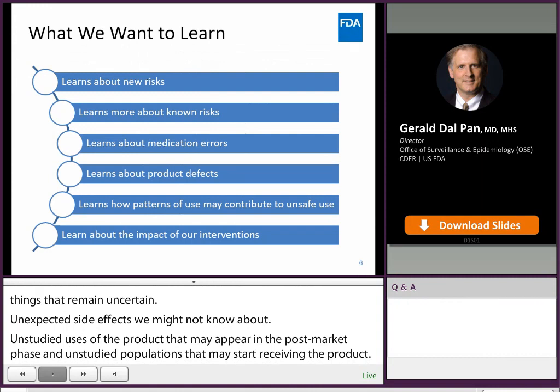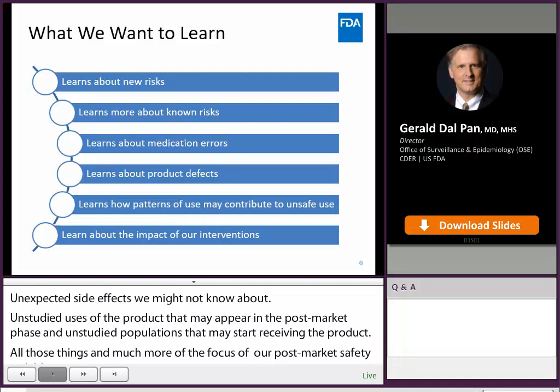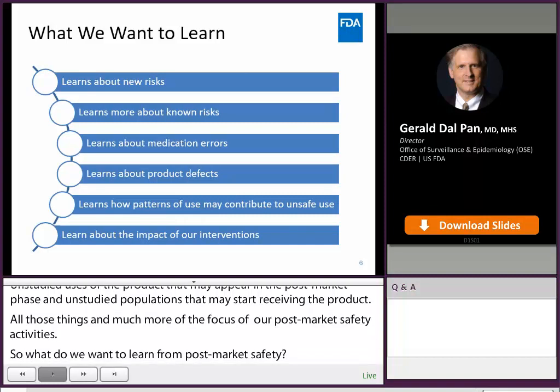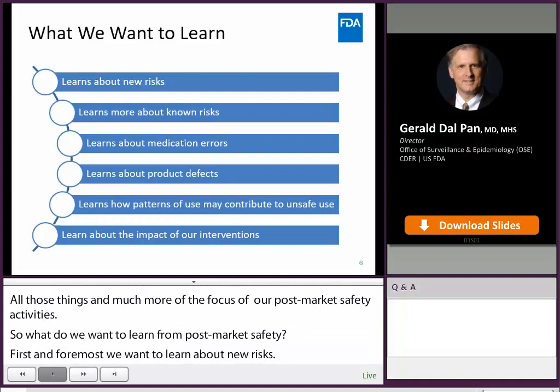So what do we want to learn from post-market safety? Well, first and foremost, we want to learn about new risks. We want to learn more about known risks as well, since even known risks can often require more refined characterization.